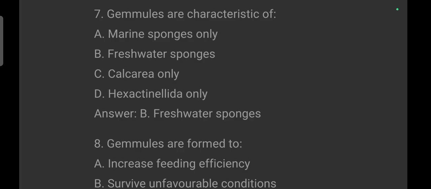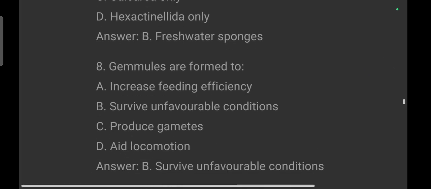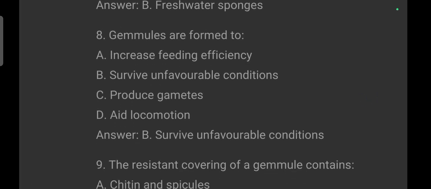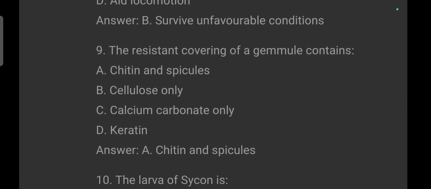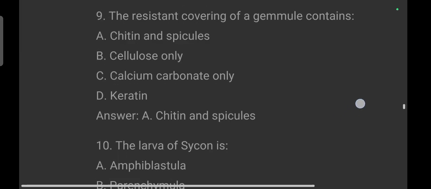Answer is freshwater sponge. Gemmules are formed to increase feeding efficiency, survive unfavorable condition, produce gamete, aid locomotion. Answer is survive unfavorable condition. The resistant covering of gemmule contains chitin and spicule, cellulose, calcium carbonate, keratin. Answer is chitin and spicule.